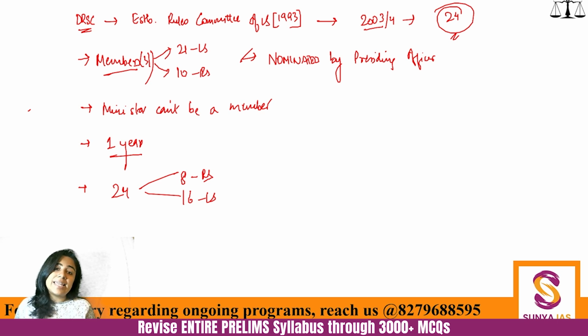Questions can anytime be formed from them. So please remember that, don't take these details very lightly. Now, of course, you are not supposed to remember the names of the committees. That much is not required. But yes, you are supposed to remember the details. Okay. So, a minister cannot be a member, and this is something you have to remember very correctly.